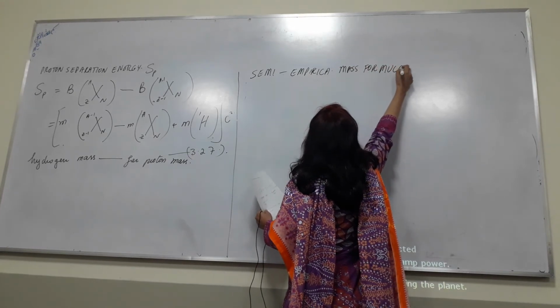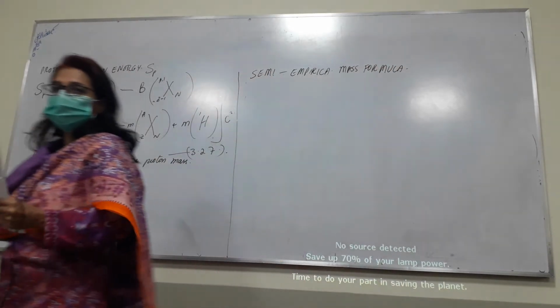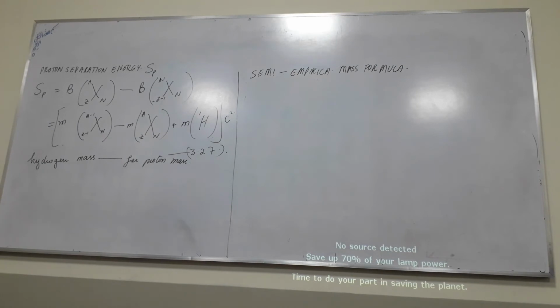In some books it is also called the semi-empirical binding energy formula, because if you multiply the mass by c squared you will get the energy, right.